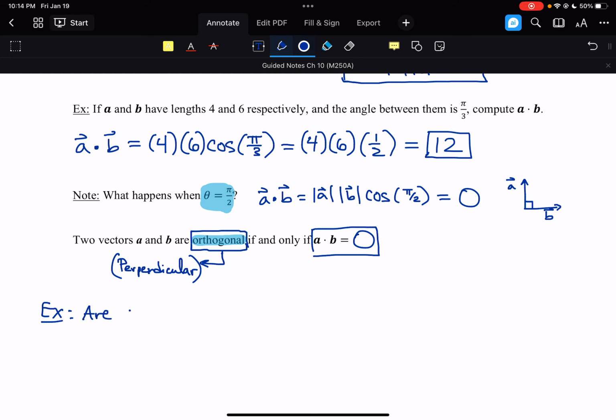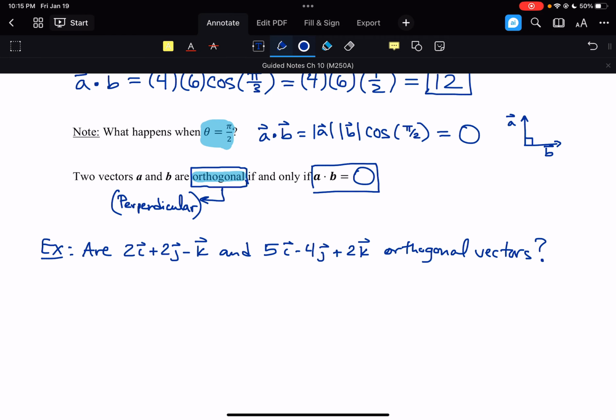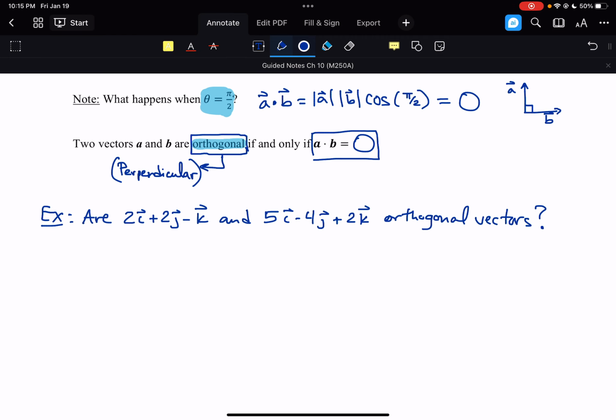Are 2i plus 2j minus k and 5i minus 4j plus 2k orthogonal vectors? If we want to determine whether two vectors are orthogonal to each other or not, we simply dot them together.